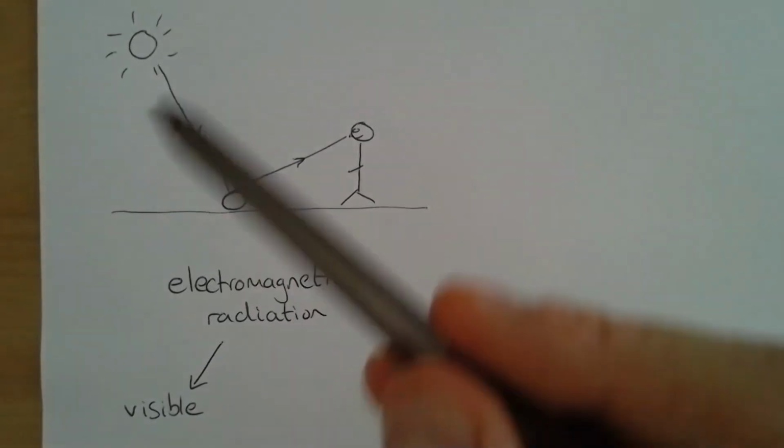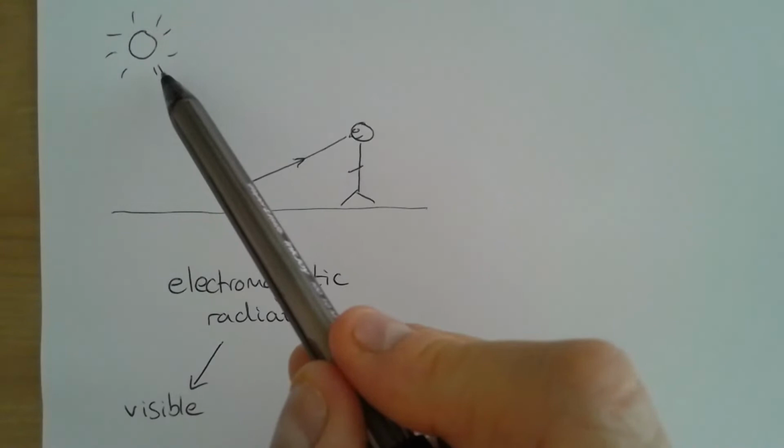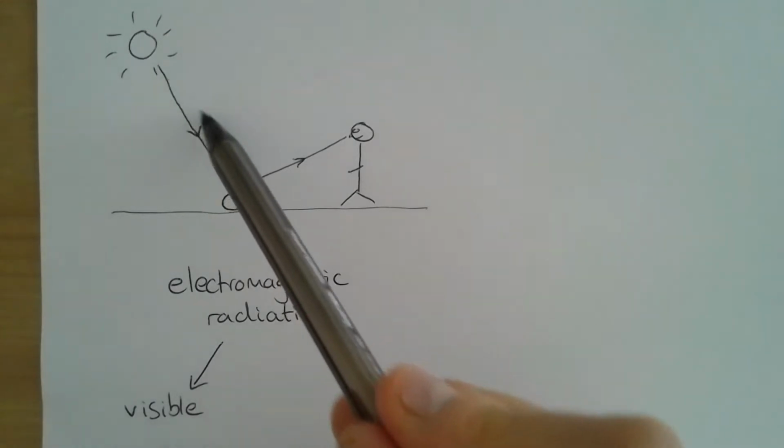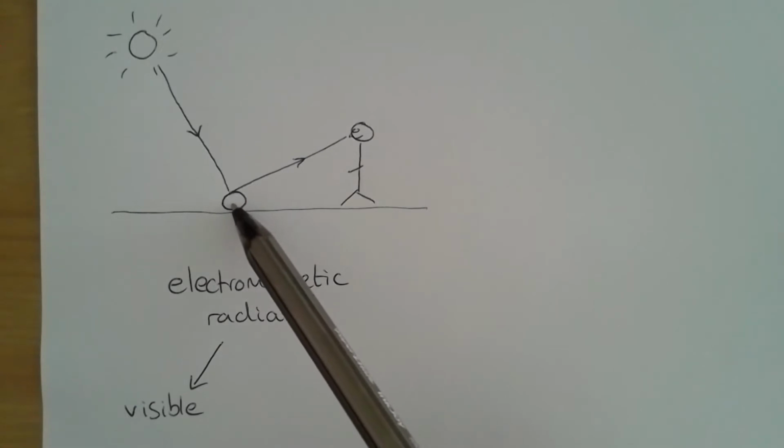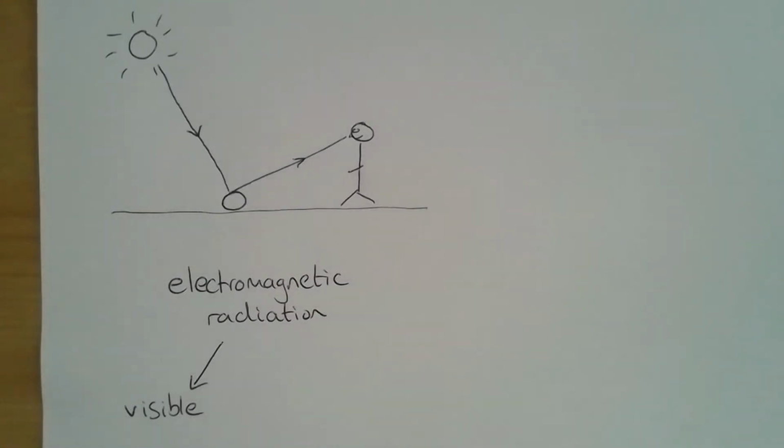So there is visible electromagnetic radiation travelling from the sun to the football, that then bounces off of the football into my eye, and I can see the football. And that's how I can see anything. Light bounces off an object into our eyes, our brain interprets that, and then we can work out what it is that we're seeing.